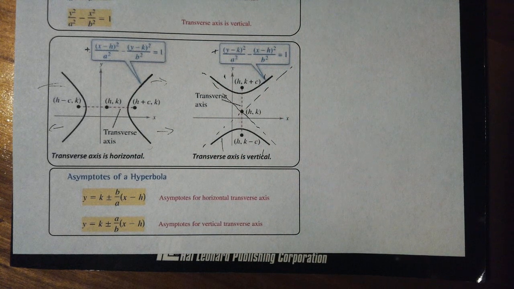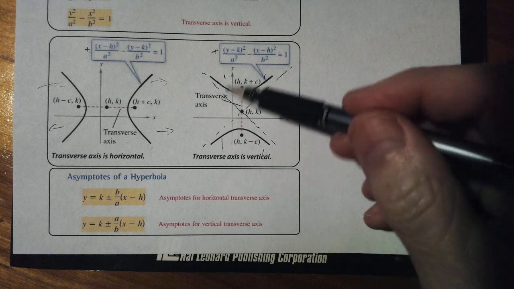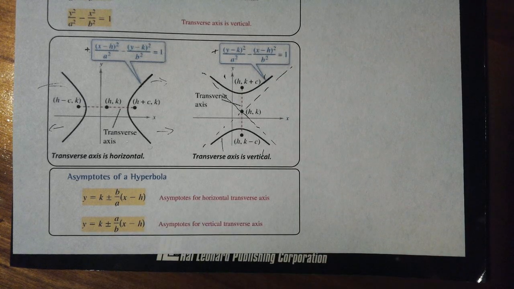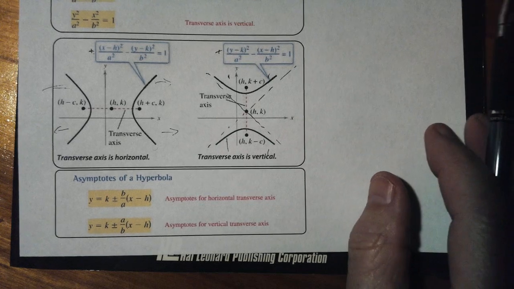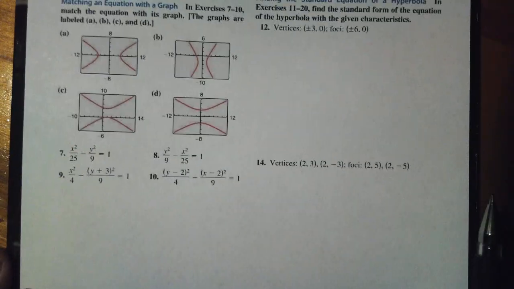We'll talk more about that. When the transverse axis is vertical, then it's A on B. Otherwise, it's B on A. And I just think that's a dangerous thing. That would be an easy one to mix up. And good news is, this is going to make perfect sense to you if you follow along with me when we get to talking about the asymptotes. So let's take a look.